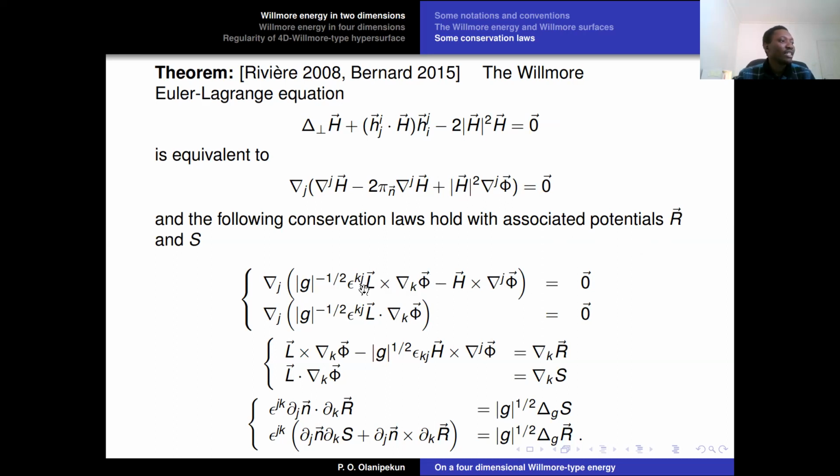So you have these two equations emanating from the rotation invariance and dilation invariance of the Willmore energy, respectively. And then when you apply the Poincaré lemma to these two equations, you land here. So you have the existence of some potentials R and S such that these two equations hold.